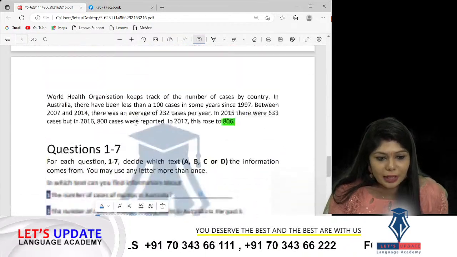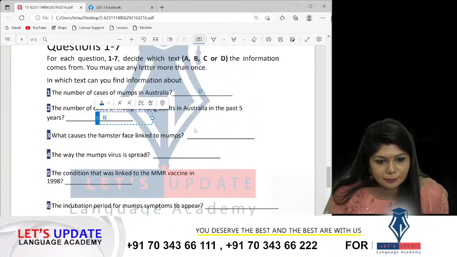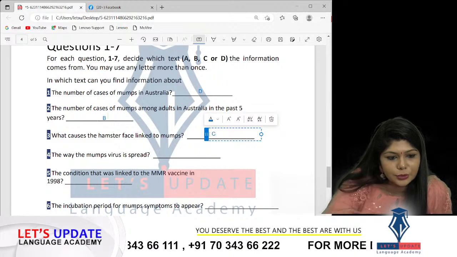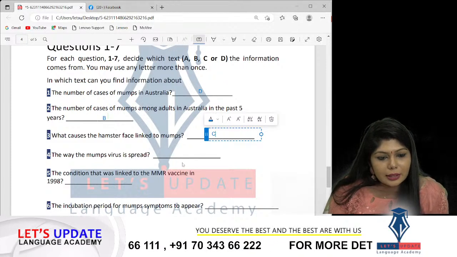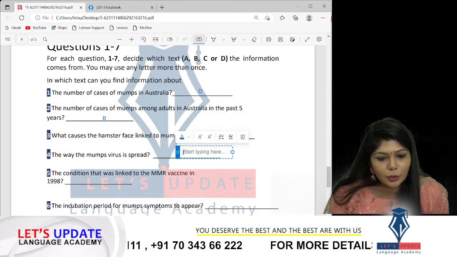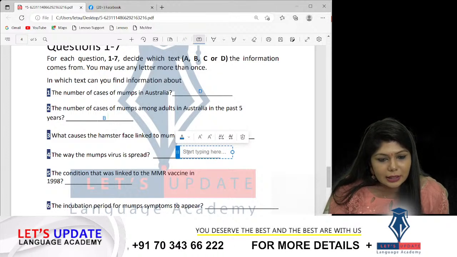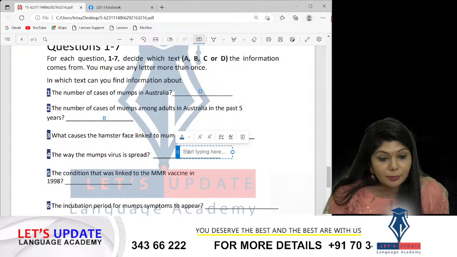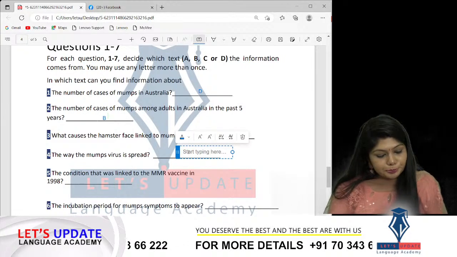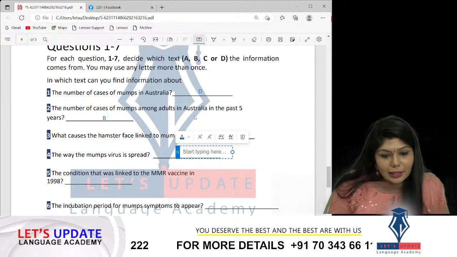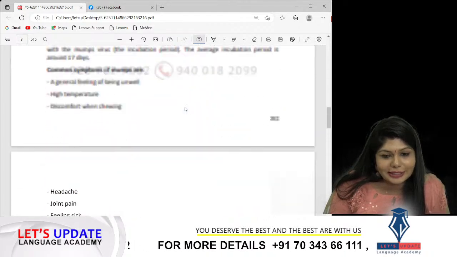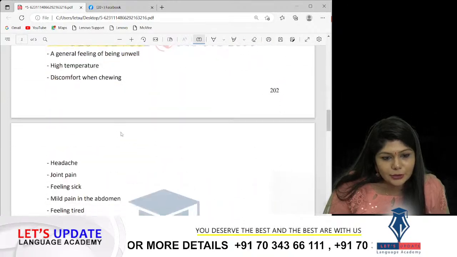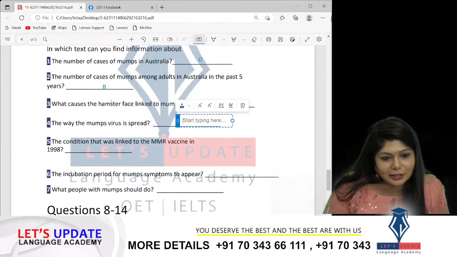So that is from text C. Moving to the fourth question, the way the mumps virus is spread. Which section holds that information? Spreading was from text B, right? How is mumps spread? So definitely it's going to be from text B.